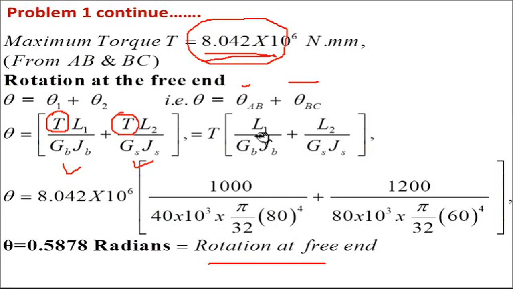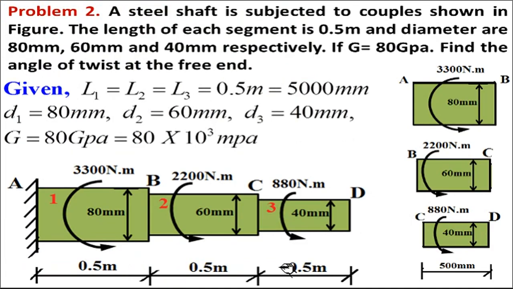By taking this T common and putting all these values, L1, G, polar moment of inertia, modulus of rigidity, you will get theta, the rotation at the free end, 0.5878 radians. Radians can be converted into degrees by multiplying by 180 by pi, so here you will get this slope or rotation in degrees. Okay, so this is about the first problem.